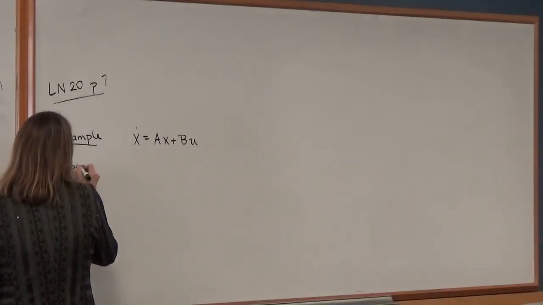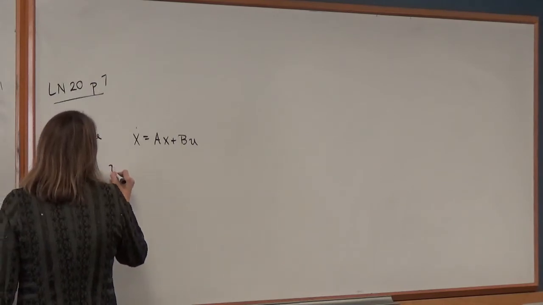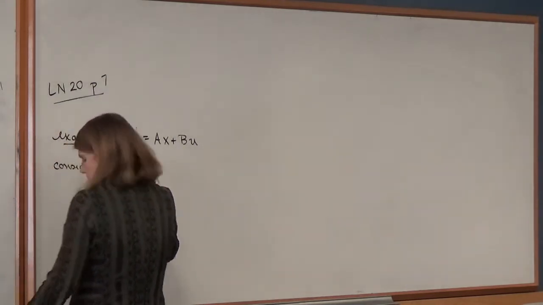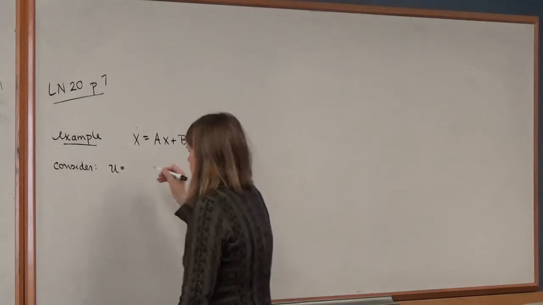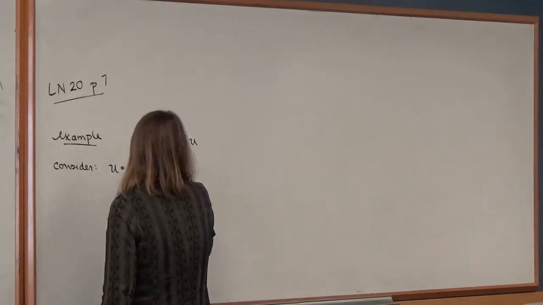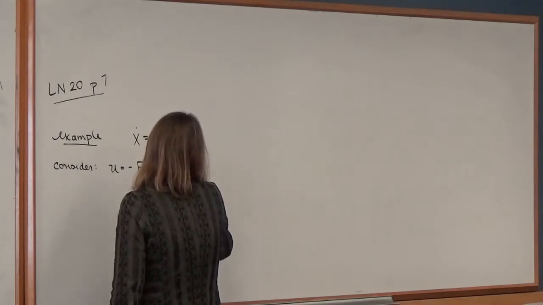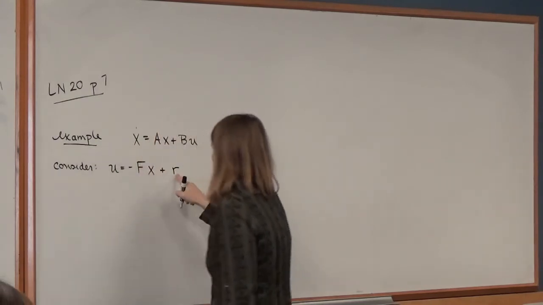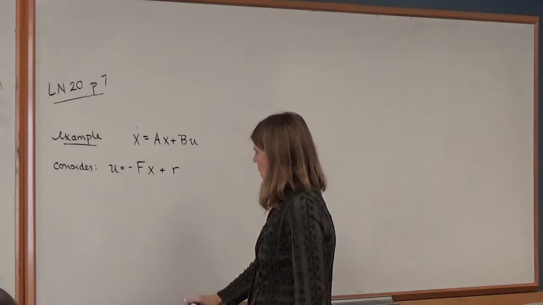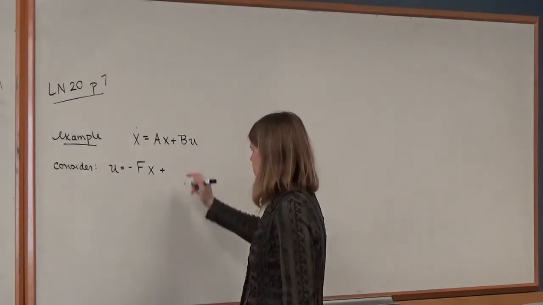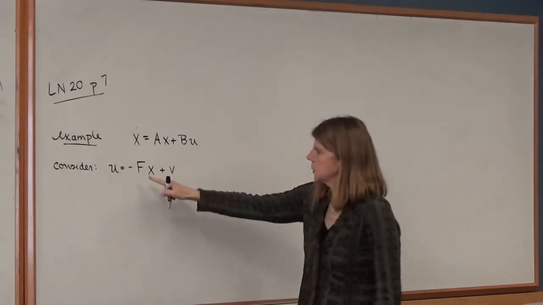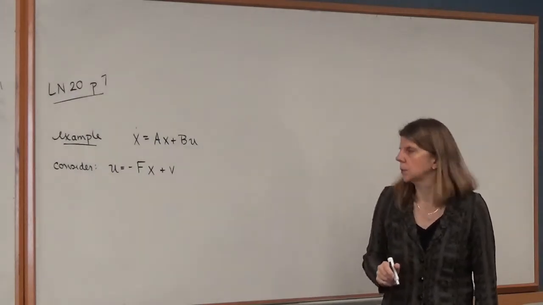We're going to ask the following question. We're not just going to consider any old input, we're going to consider some state feedback. So we use u equals minus F x, where F is a matrix, and let's put in some auxiliary input, some new input into the system, v. Okay, so this looks familiar from what we've done before.